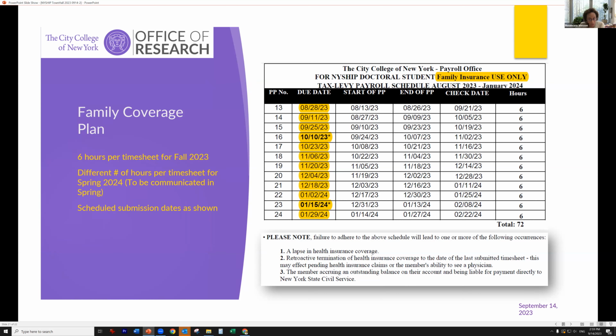Faculty members are invited tomorrow as well. The webinar will be tomorrow at 11 a.m. Contact your students for the Zoom link, or you can send me a note if any faculty wish to attend, and we will send out the Zoom links as well.